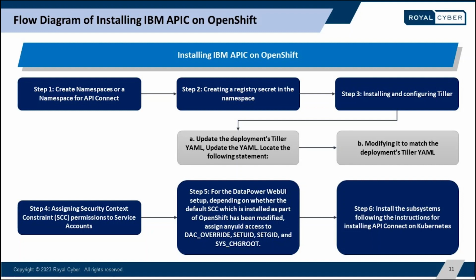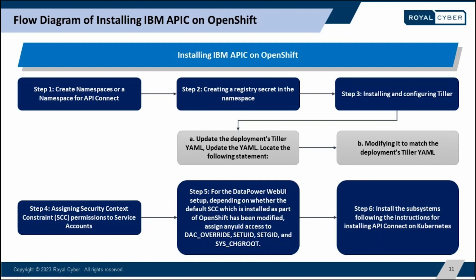In the first step, you need to create a namespace, or namespaces, for API Connect. This step is important for organizing and managing our subsystems effectively. You have the flexibility to either create a separate namespace for each subsystem, providing a structured approach, or opt for a single namespace to streamline the deployment of all subsystems.